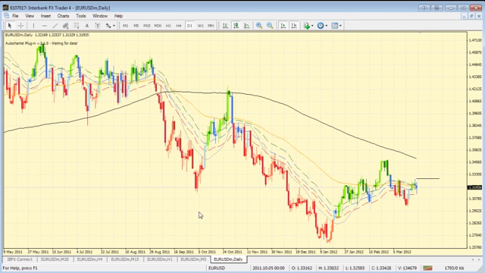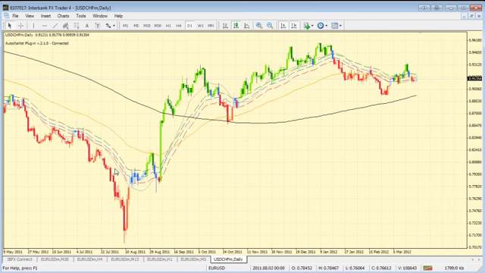I'm not poking at the Euro-US dollar alone, because I could say something very similar about the Swissy. What I have here is no clear direction from an overwhelming amount of bullishness or bearishness.